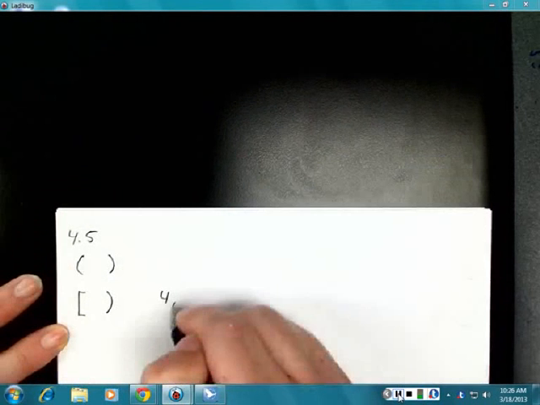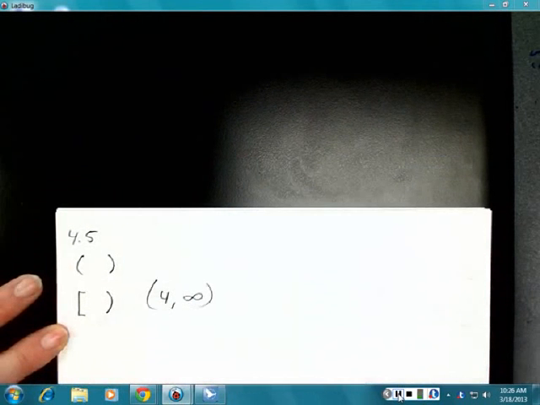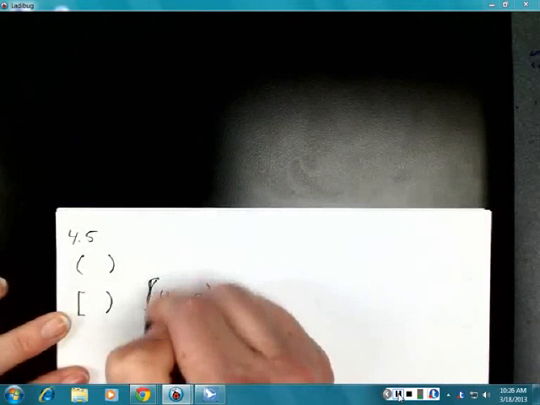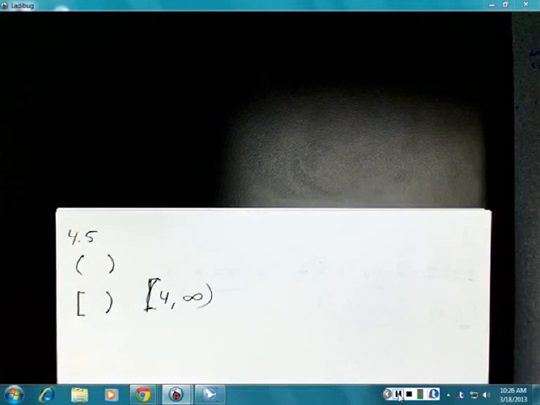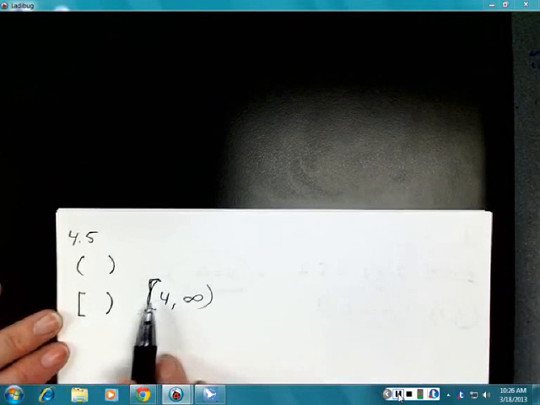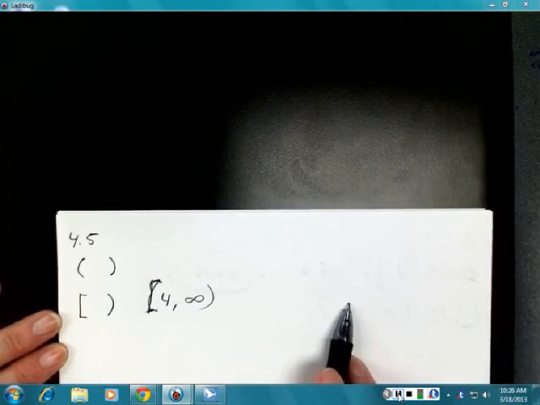Then, if I have a bracket and a parenthesis, that means one piece is included, and the other is open. So what this means is it's going from 4 all the way up to positive infinity.